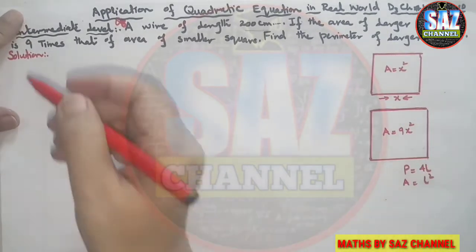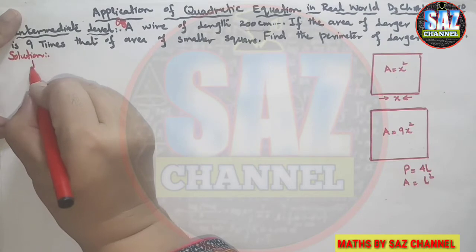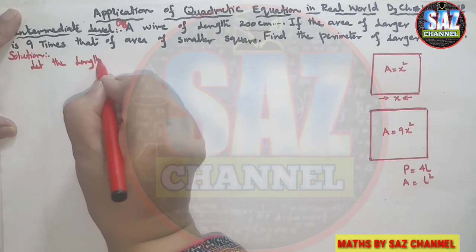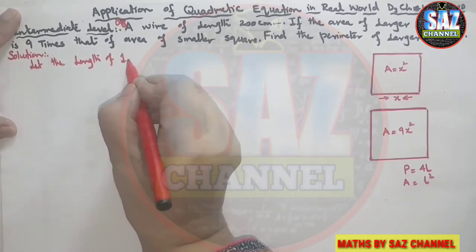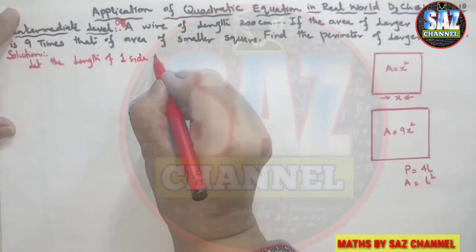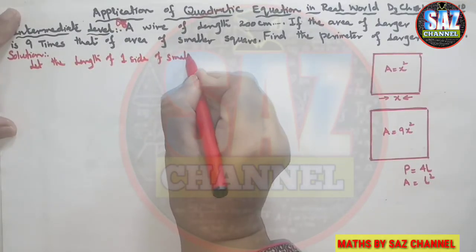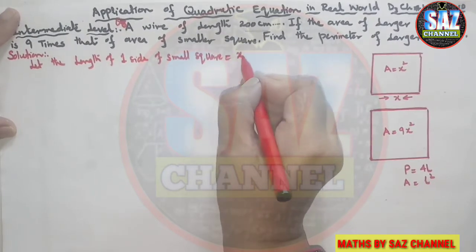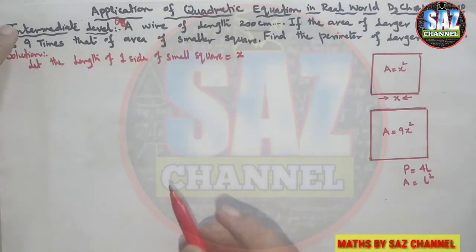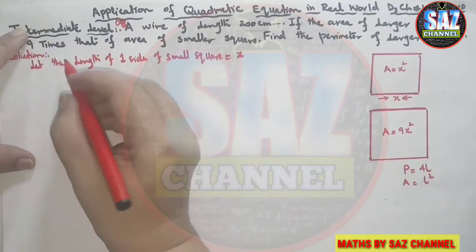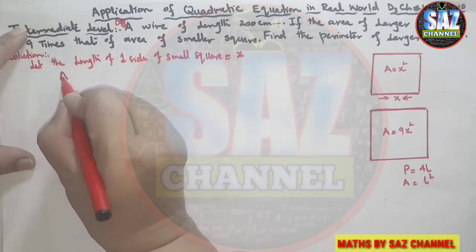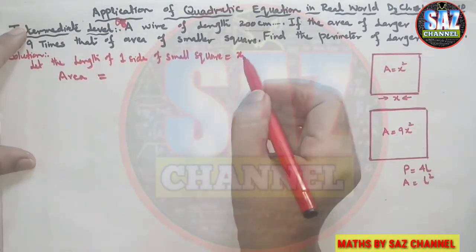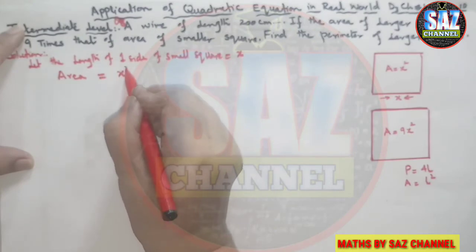Let's suppose that length of one side of small square is x centimeter, or the wire used for making one side of small square is x centimeter, then the area will be equal to L square and length is x, so it will become x square.